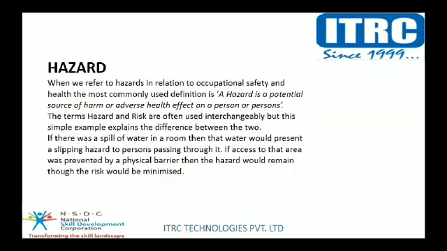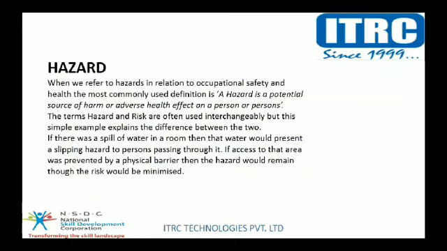Now, what is a hazard? When we refer to hazards in relation to occupational safety and health, the most commonly used definition is: a hazard is a potential source of harm or adverse health effect on a person or persons. The terms hazard and risk are often used interchangeably, but these simple examples explain the difference between the two.